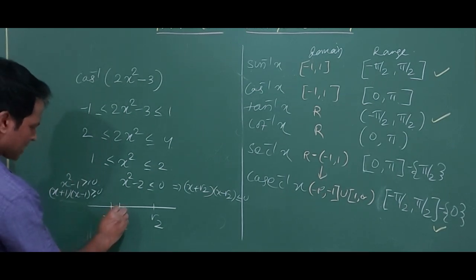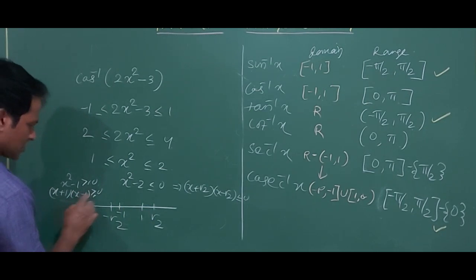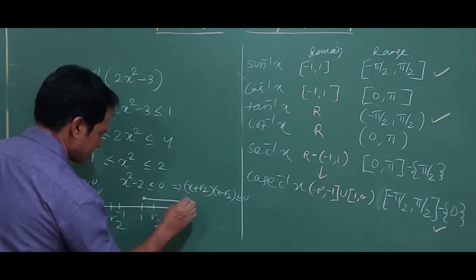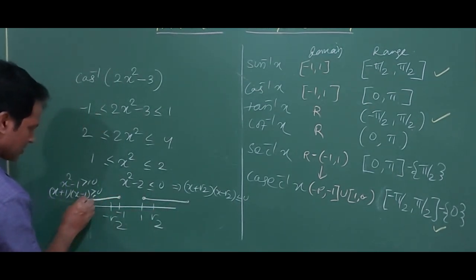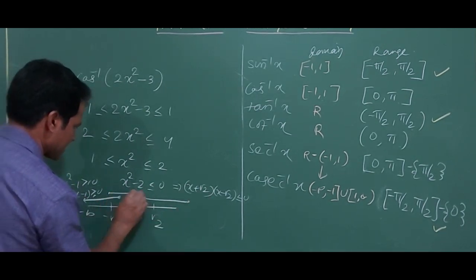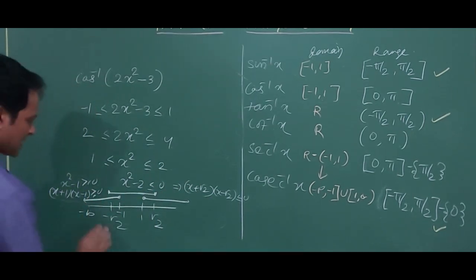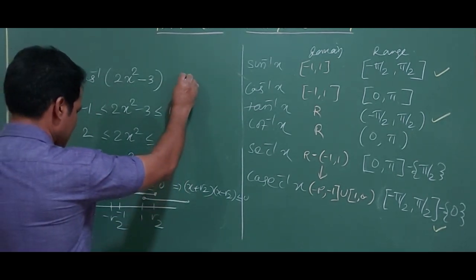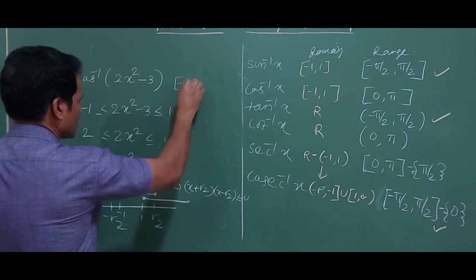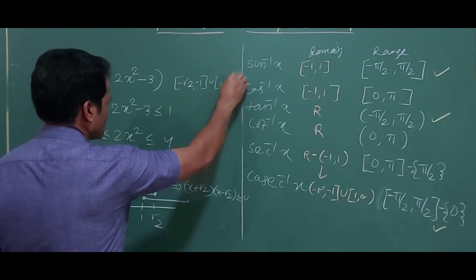Here comes minus 1, here comes 1. According to this I move to the outer sides, and according to the first I stay in between, with closed intervals. So my final answer is minus root 2 to minus 1 union 1 to root 2.